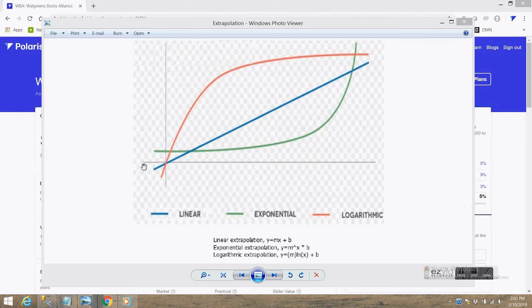But overall, it's just trying to be more positive about the outlook for the company, and therefore exponential extrapolation is the default.